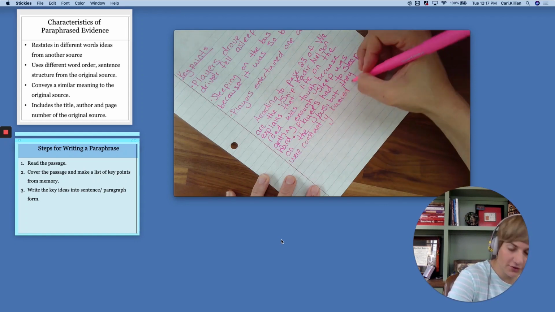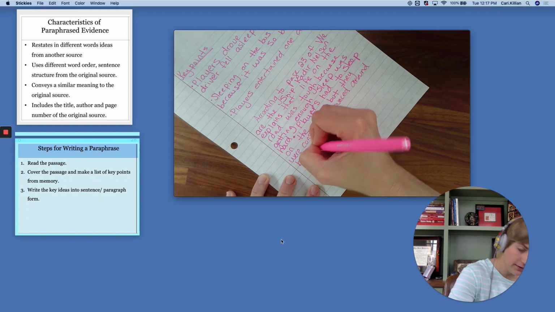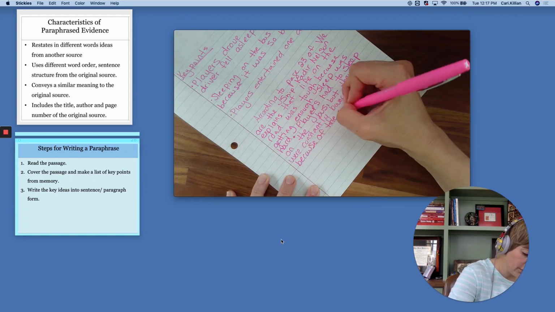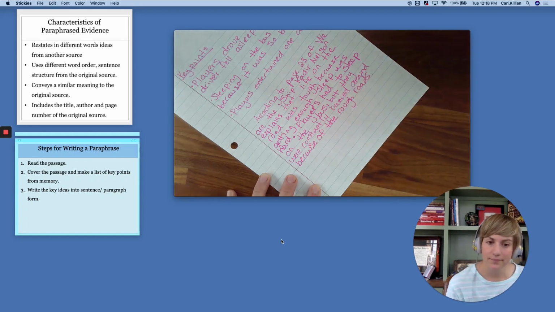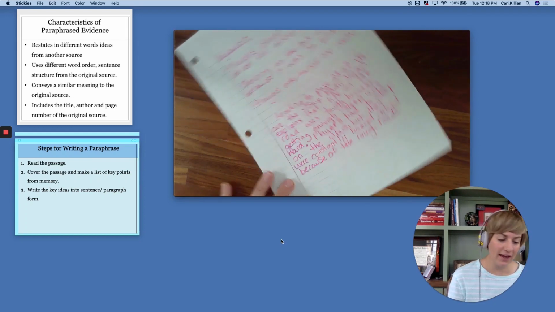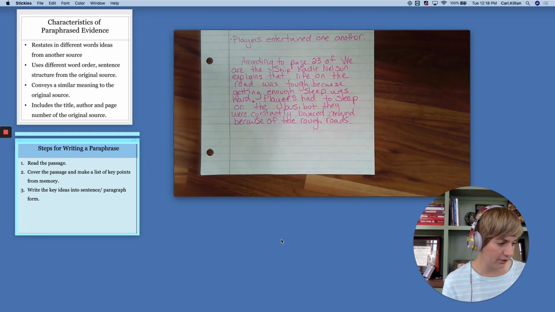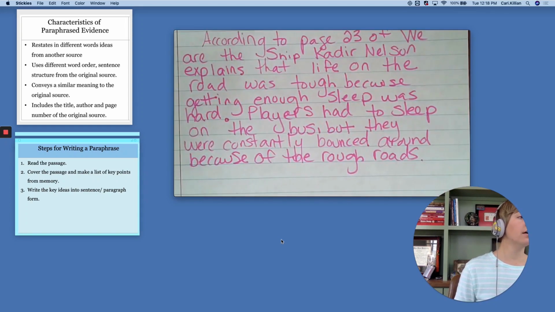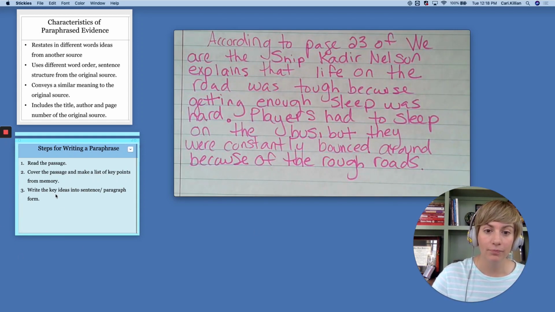Constantly bounced around because of the rough roads. Okay, so here is my sample paraphrase. Put it under the screen for you to see. That is our step 3.